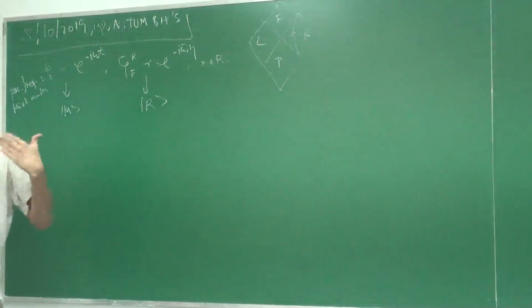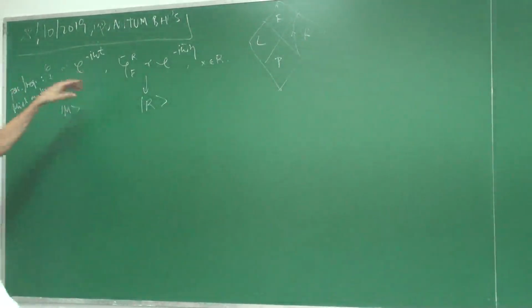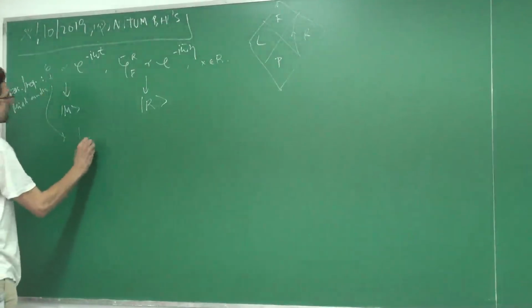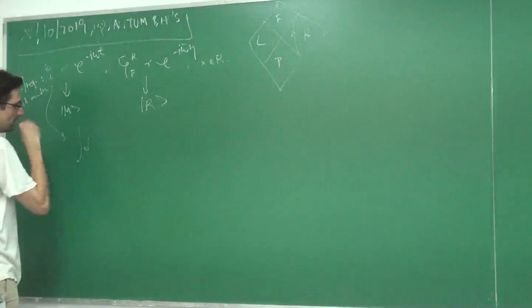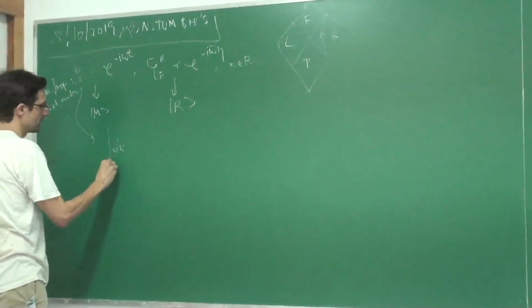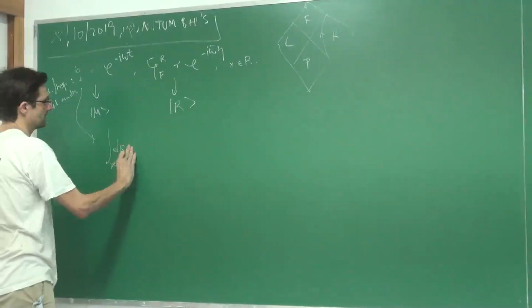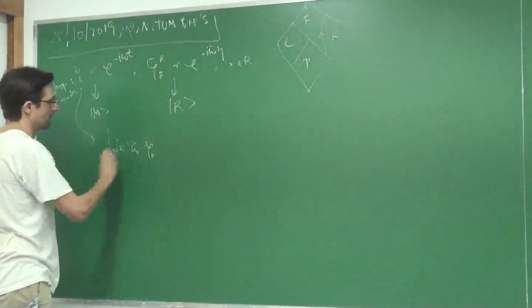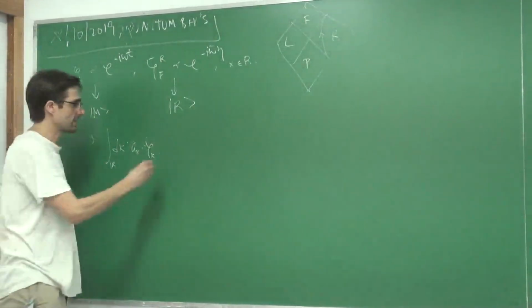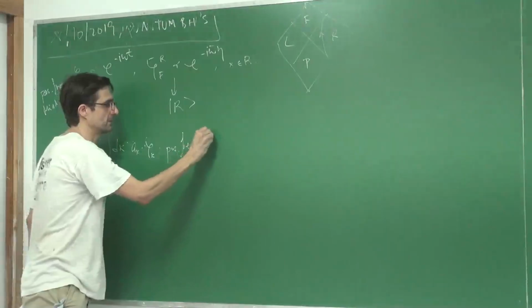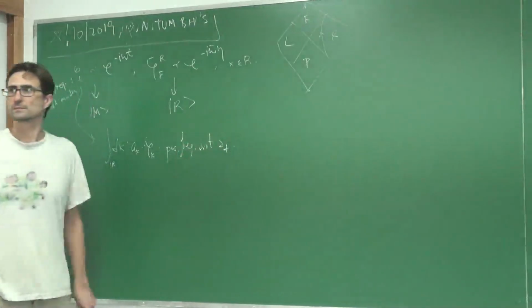We don't call it a positive frequency Minkowski mode, since these are the pure modes like this. But you can do a linear combination of this, and this would be positive frequency also with respect to d/dt.